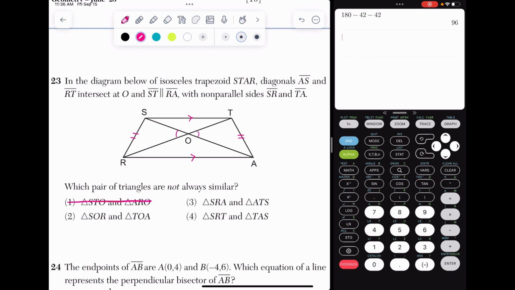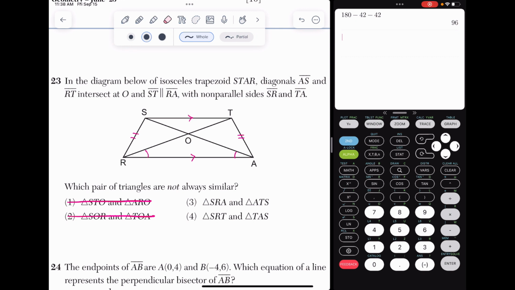Okay. All right, now let's talk about the actual measurements of the remaining angles and if we know they're congruent. I do in fact know that this angle and this angle are congruent since this is an isosceles trapezoid. That would make the base angles congruent to one another, and while they're being cut by the diagonals here, those are still going to be congruent. So these triangles are in fact similar by angle.